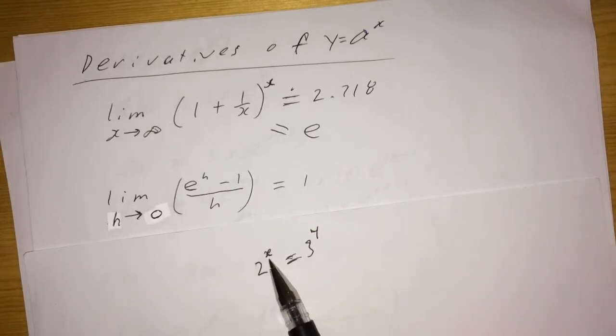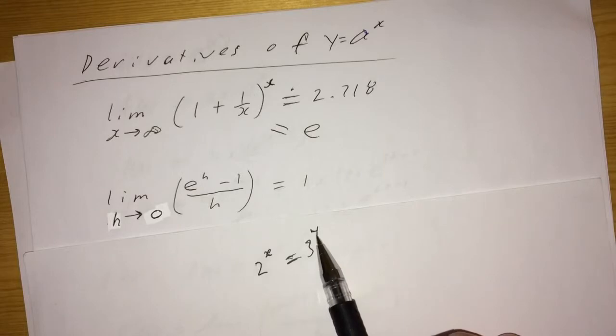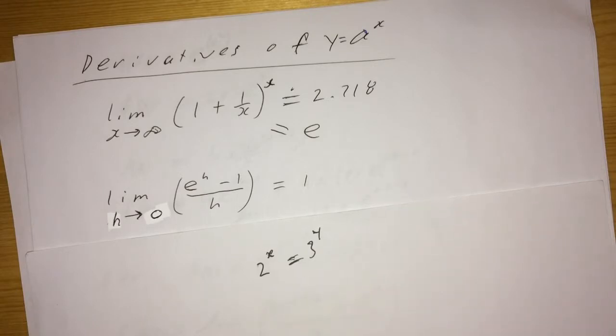If I choose a number for x, there is a y value that makes that equal. So 2 to the 2 equals 4, obviously, and 3 to the something will equal 4. So we can write any exponential function in terms of any base.